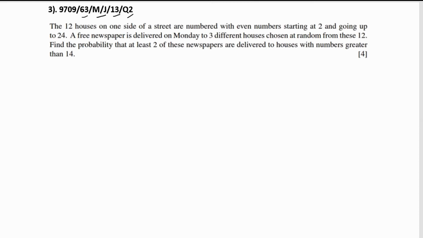A free newspaper is delivered on Monday to 3 different houses chosen at random from these 12. Find the probability that at least 2 of these newspapers are delivered to houses with numbers greater than 14.